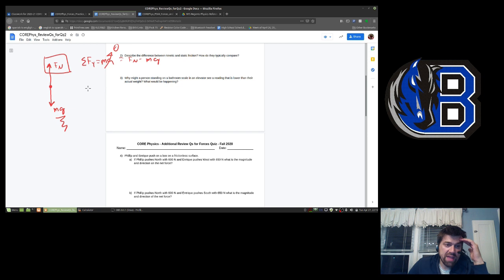Well, if that was the case, my free body diagram might look something like that, and I see that I have unbalanced forces downward. So if the elevator were accelerating downward, the scale would read lower than my weight. Likewise, vice versa, if I'm accelerating upwards, my apparent weight, the normal force, is kind of like our apparent weight too, that would be higher. The scale would read higher.